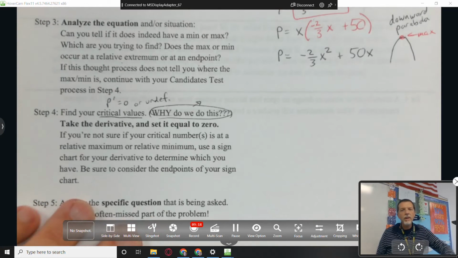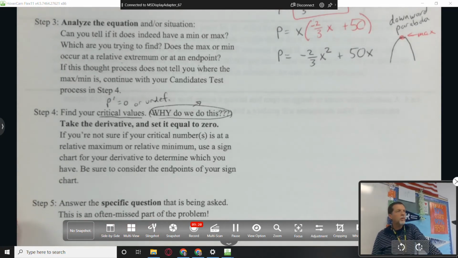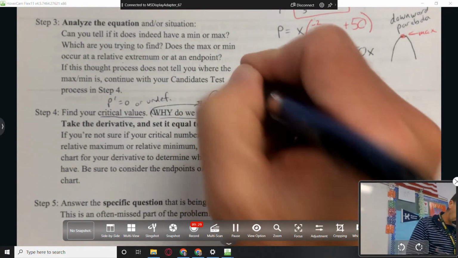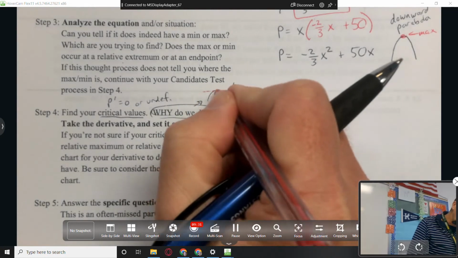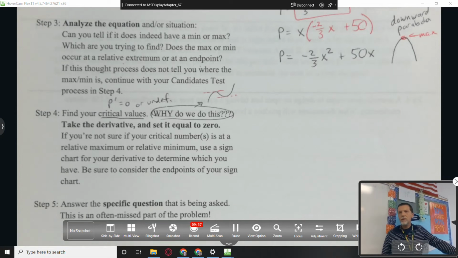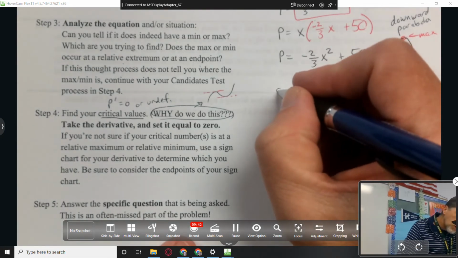Why do we care where p prime is 0 or undefined? Because that's where the max is. Yes, there's a flat spot for maxes or mins. Our critical values give us our possible maxes and mins.